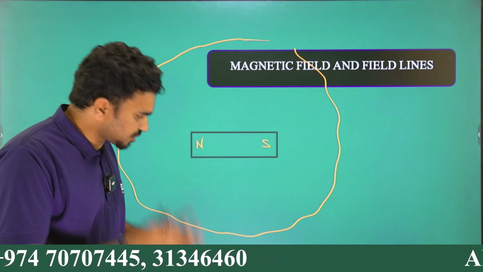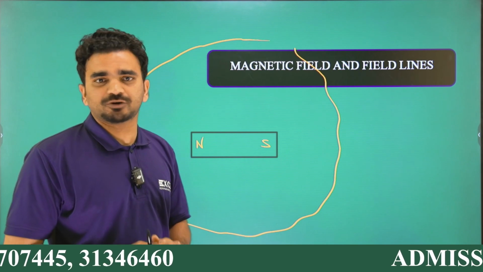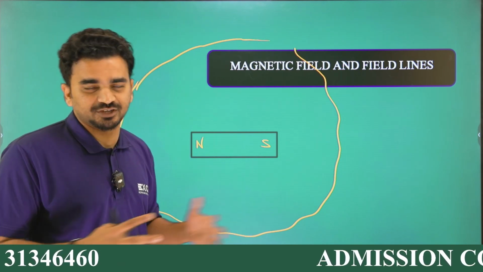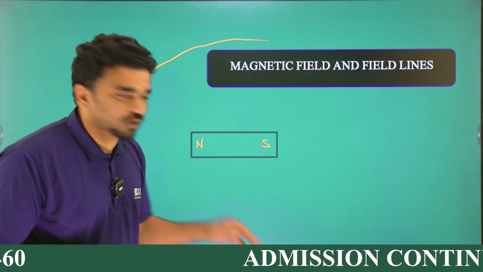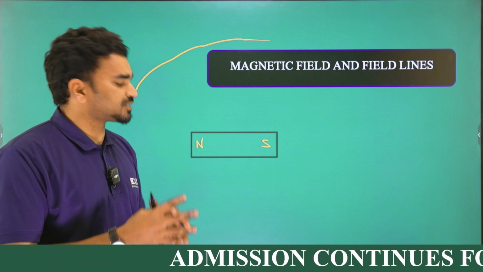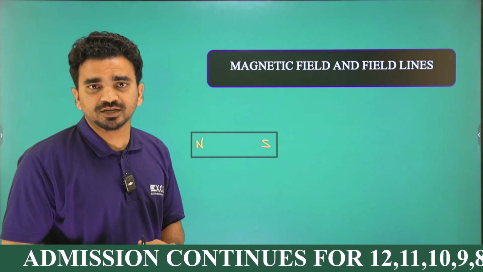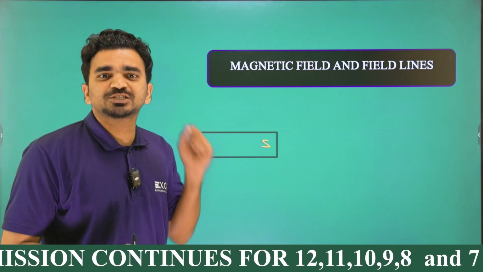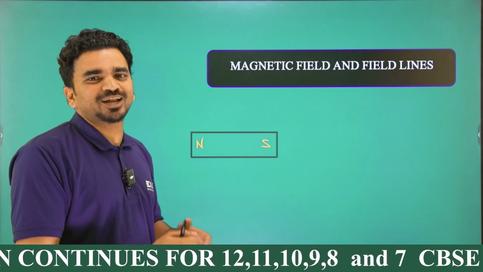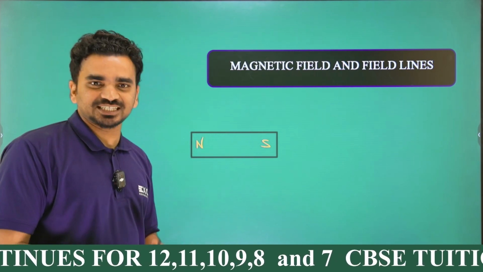Okay, so we need a scientific way of representing the magnetic field. So that means this is a wrong representation, right? So how do we represent the magnetic field strength around a bar magnet? We use a set of lines, which we call magnetic field lines.